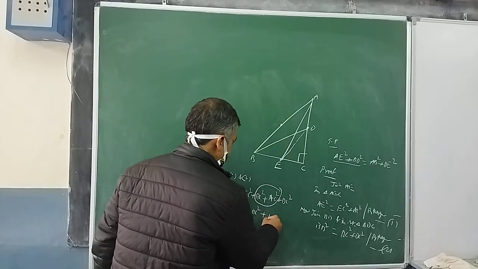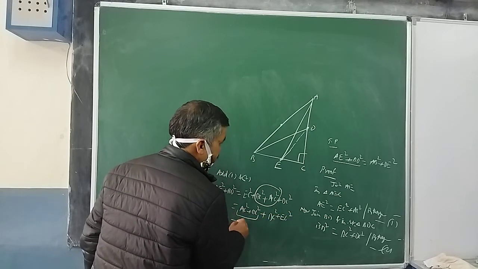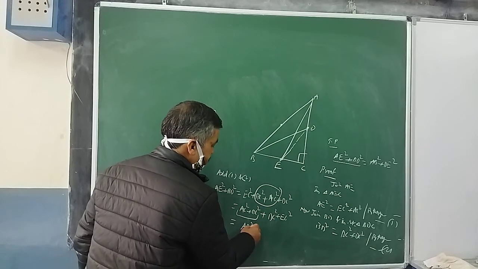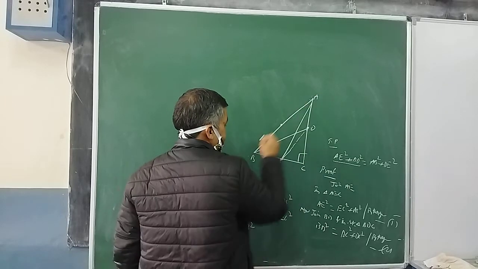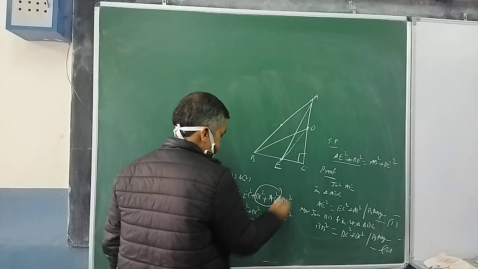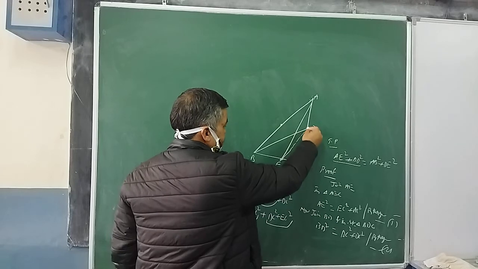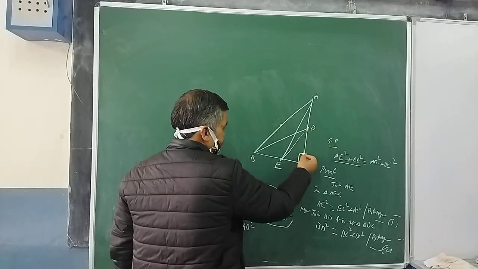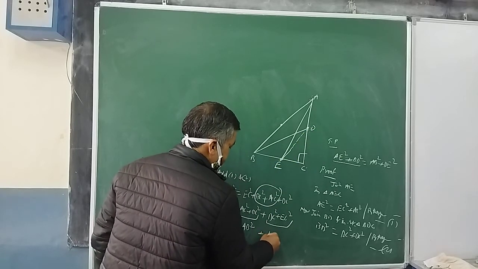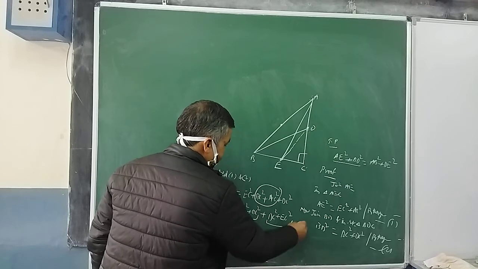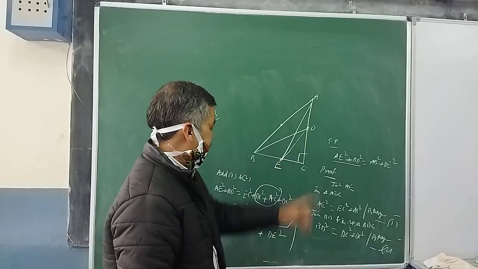So AC square plus BC square is AB square from right triangle ABC, and DC square plus EC square is DE square, the hypotenuse of triangle DEC. The reason is applying Pythagoras in triangle ABC and triangle DEC.